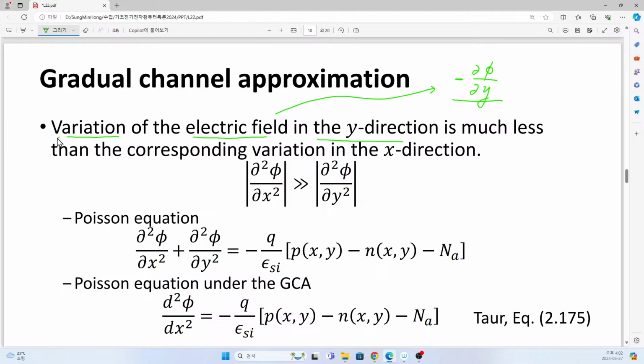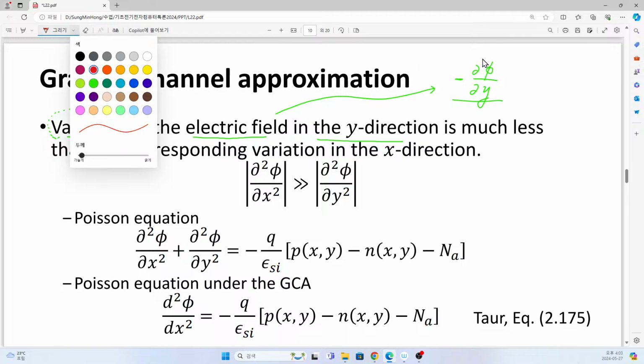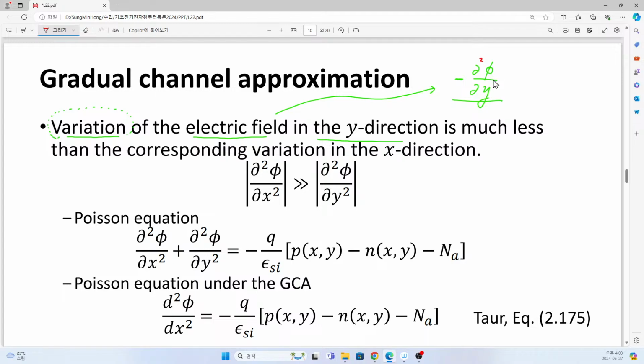Instead, the gradual channel approximation states that the variation of the electric field in the y direction, meaning not this first derivative but its derivative once again with respect to y, the second derivative, is much less than the corresponding variation in the x direction.